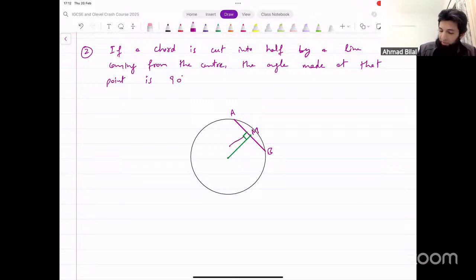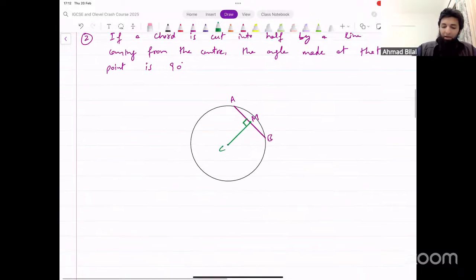This is always perpendicular like this, coming from the center. And it also works the other way around.